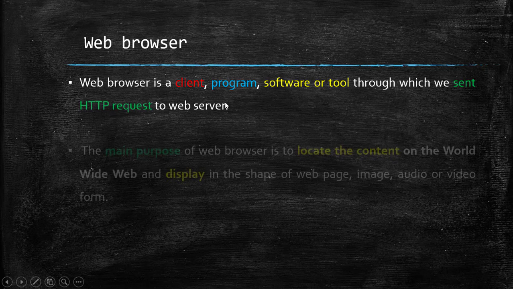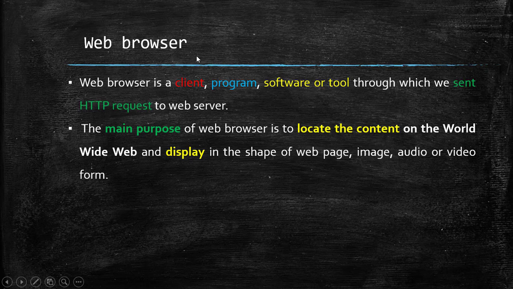Now the next point: what is the main purpose of the web browser? The main purpose is to locate the content or information on the World Wide Web. The web browser will simply locate or find the information that we type in the address bar. After locating this information, it will display it in the shape of a web page, image, audio or video.